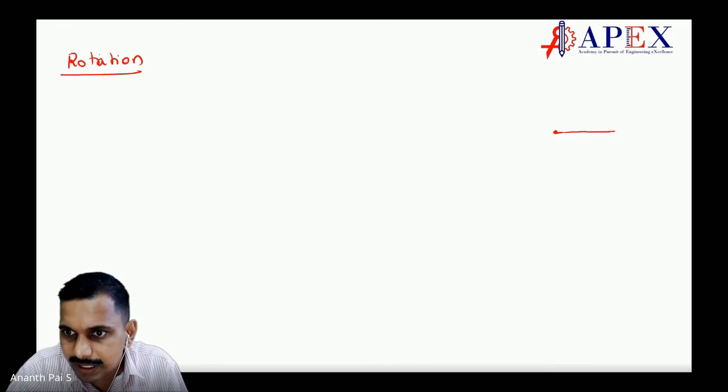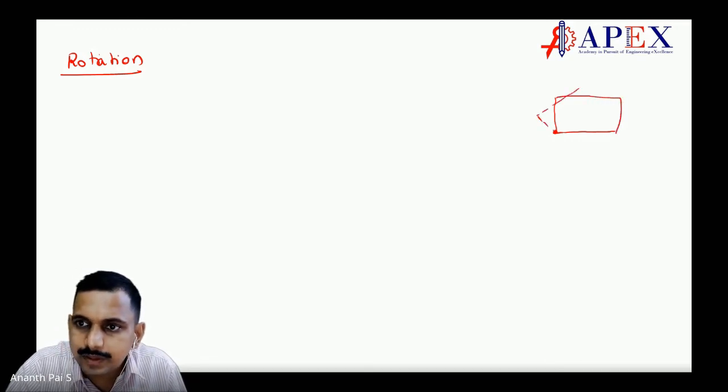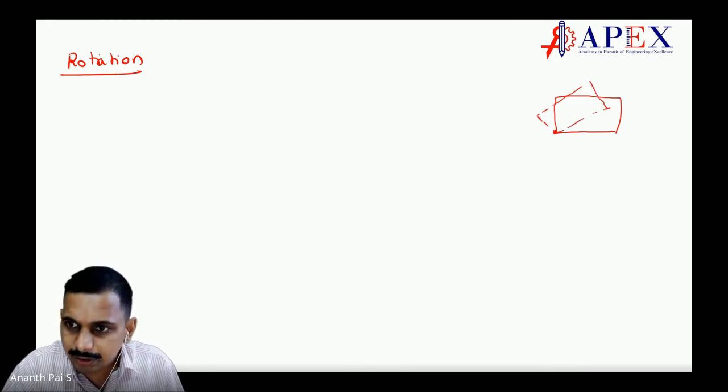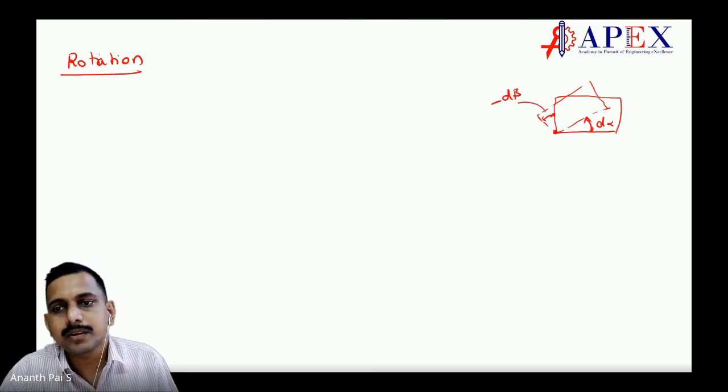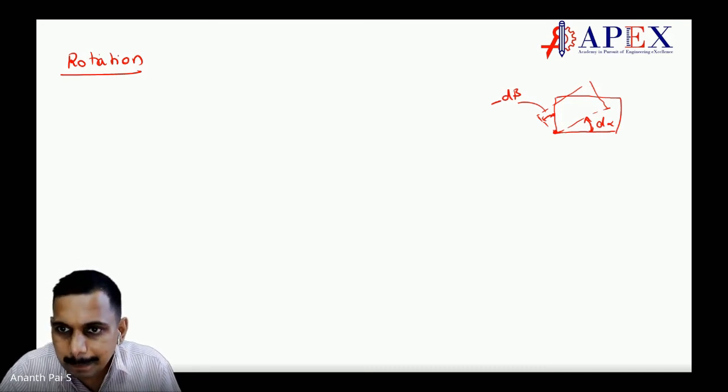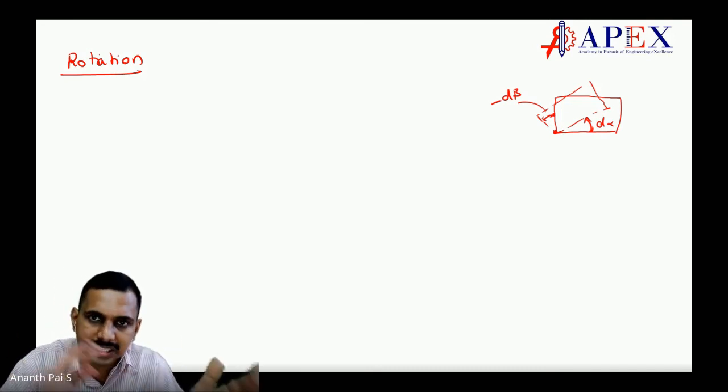About an axis. If it rotates, this is rotation, is it not, students? Now, when it is rotating, you have here d alpha, and this, if I consider, is minus d beta. Correct? It is d alpha minus d beta because it is going in the other direction.